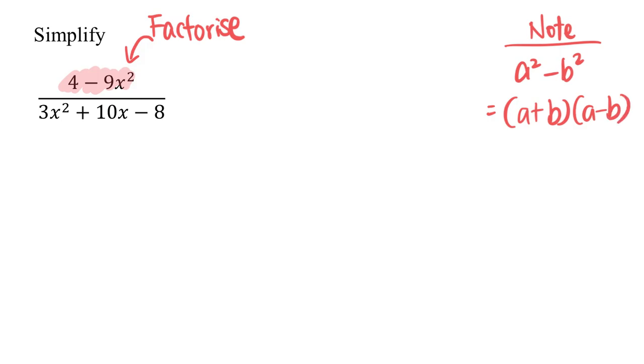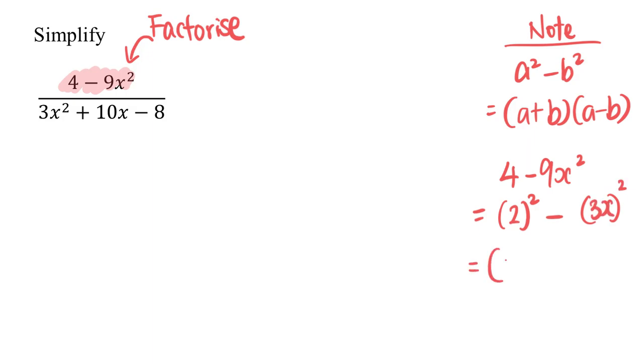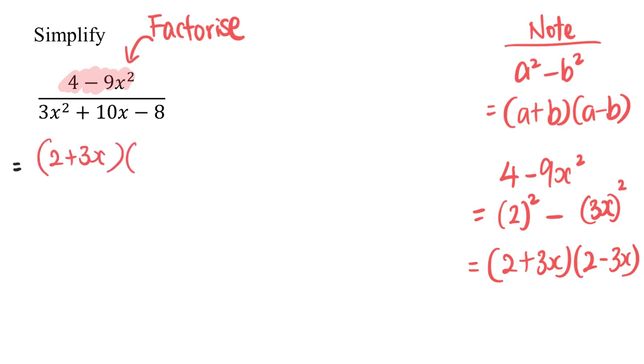And so 4 minus 9x square is actually equals to 2 square minus 3x square. So this one I could actually factorize as such. And therefore you will be able to see Mr. Tan writing this down. 2 plus 3x, 2 minus 3x.